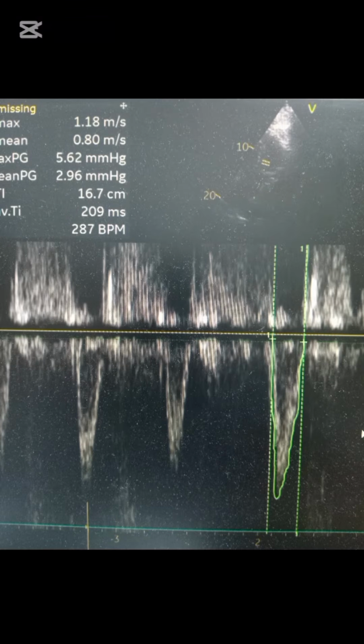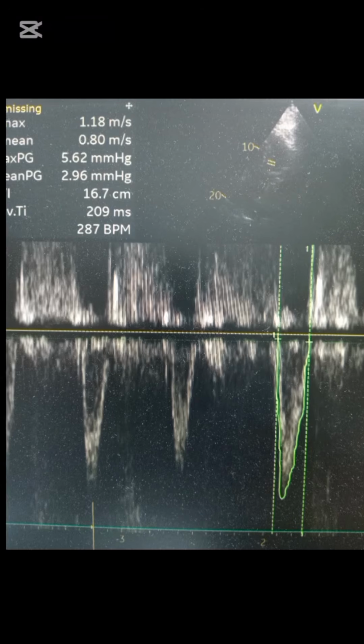Now the final parameter is the effective orifice area. Using the same method of the continuity equation, we will find the effective orifice area in square centimeters. For this method, we take the LVOT area and VTI, from which we get the stroke volume, and then the mitral prosthetic VTI.